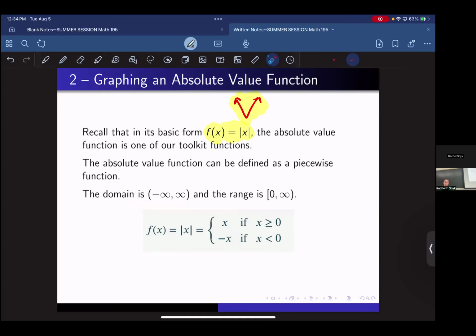We have both our positive linear function and our negative linear function when our x values are both negative and positive. And then our domain for any absolute value of x without any transformations, we have no restrictions for x, but we have that restriction for y. Y can only be 0 or positive. X, all real numbers.